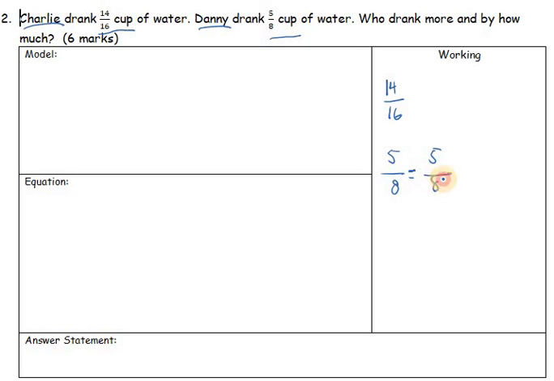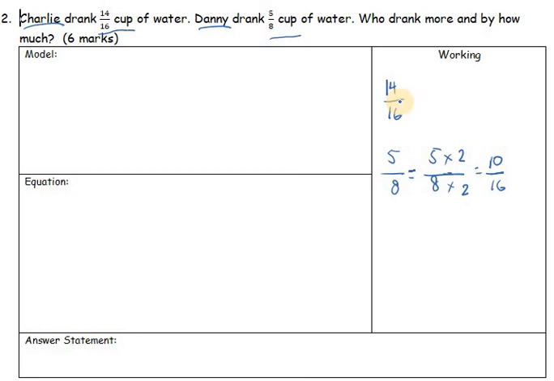So what we need to do is copy the fraction again, and multiply the denominator by 2 to go to 16. Since we multiply the denominator by 2, we must also multiply the numerator by 2. So we have 10 out of 16 over here. Now we have the same denominator.